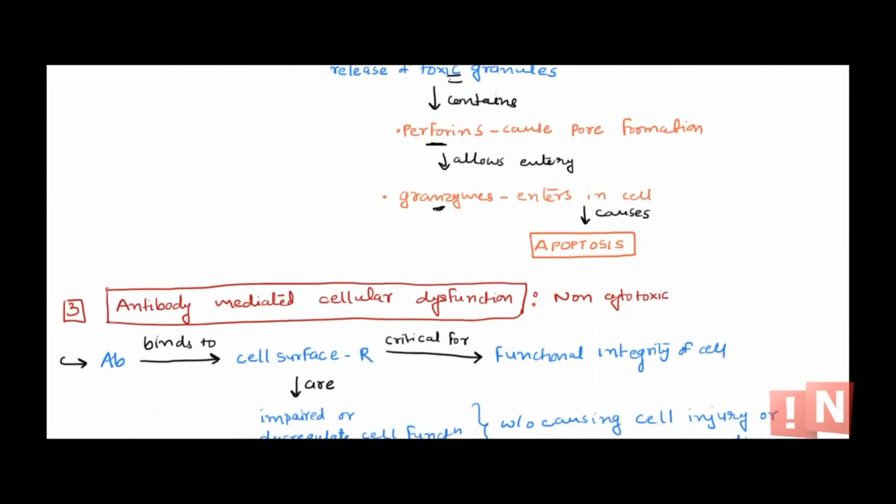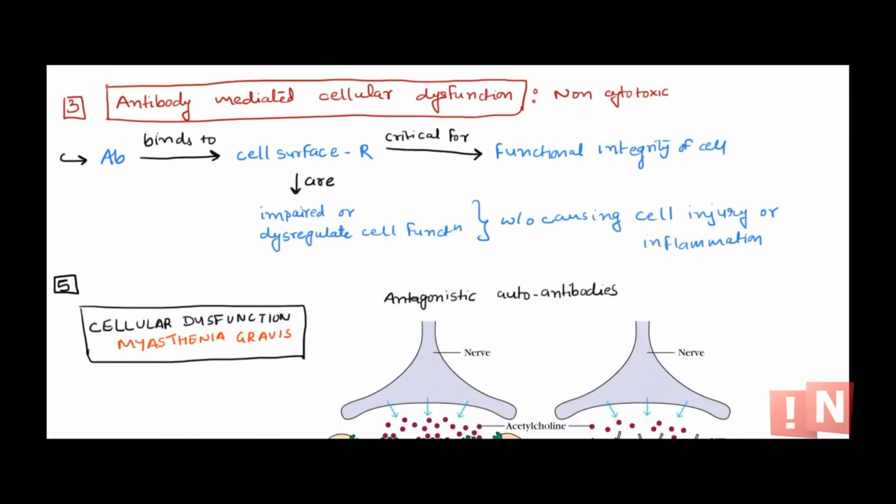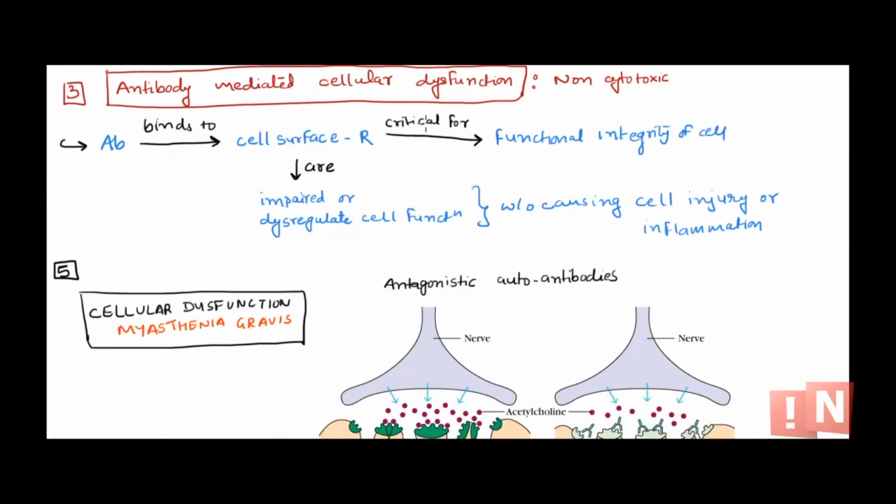The next one is antibody mediated, but it is not cytotoxicity, it is a cellular dysfunction. It is causing cellular dysfunction which is non-cytotoxic, but it is antibody mediated, where antibodies will bind to some of the cell surface receptors, and these receptors are very important to carry out certain functions.